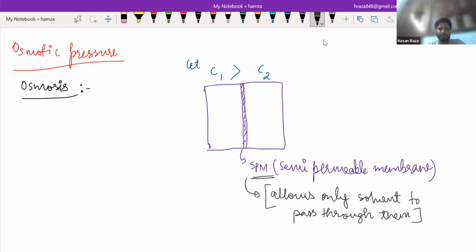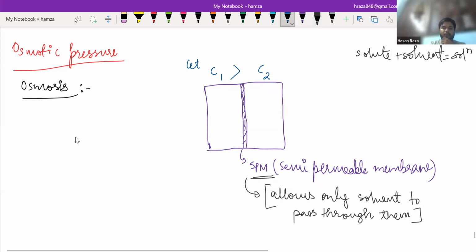Fatima? Yes, sir. Now see, if I ask you the solution is concentrated, that means the quantity of solute is very high. That's why it is concentrated. So as you know, solute plus solvent is equal to solution.